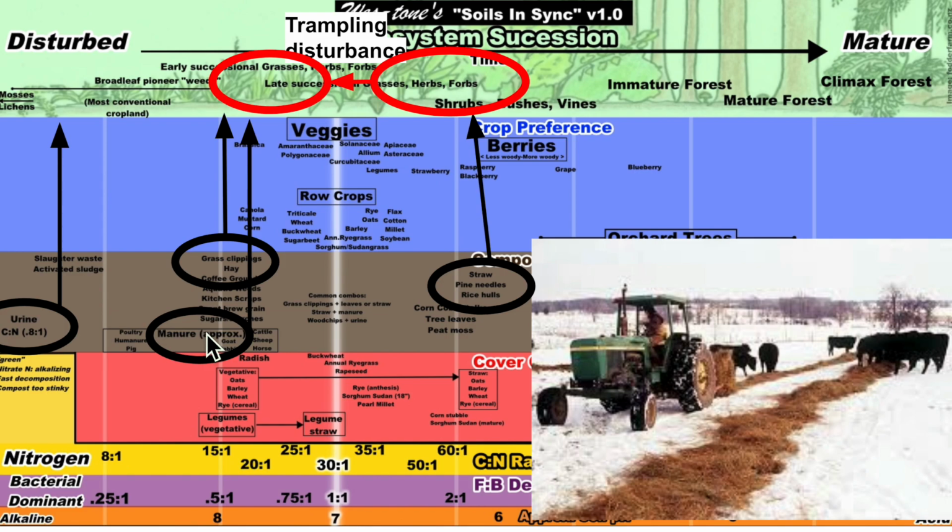Manure from the cattle is dead grass amplified and will shift your soil carbon to nitrogen to the left as well. The uneaten grass bits from the hay will also feed your soil and shift your soil carbon to nitrogen ratio to the left. The trampling and disturbance from the cattle will also shift your soil succession backwards.